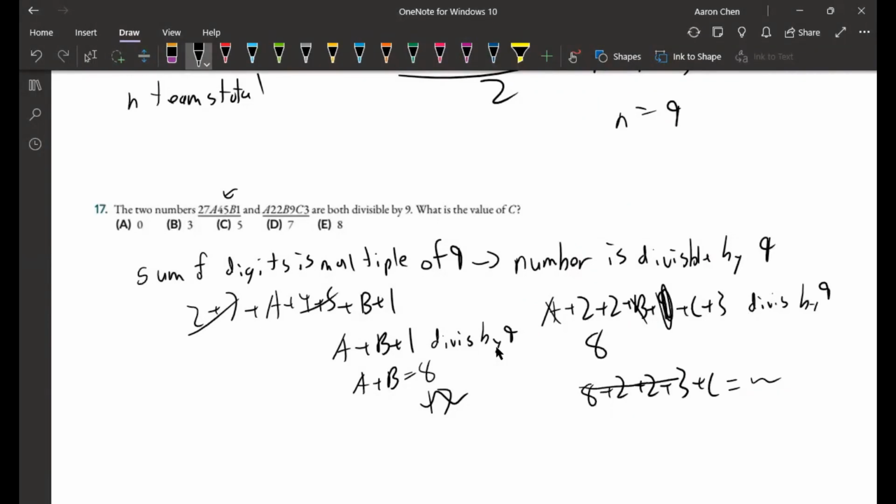This sum is 15, so 15 plus C is either 18 or 27. If you subtract, C is equal to 3 or 12. This 12 is clearly too big, so the answer is B, 3.